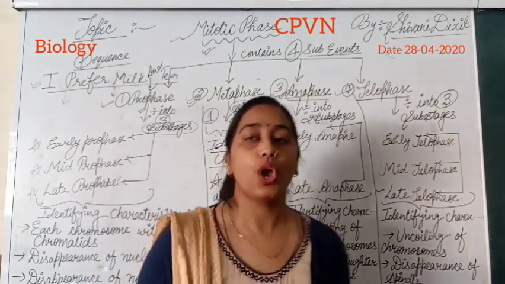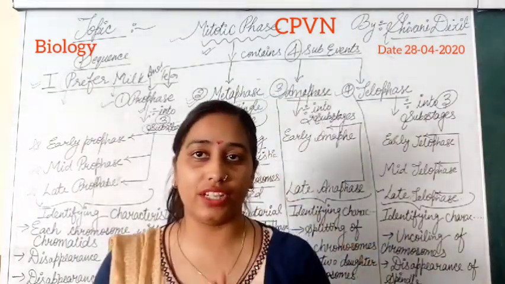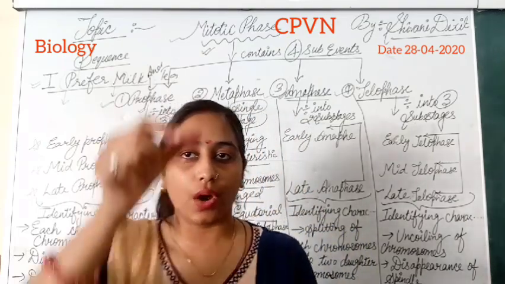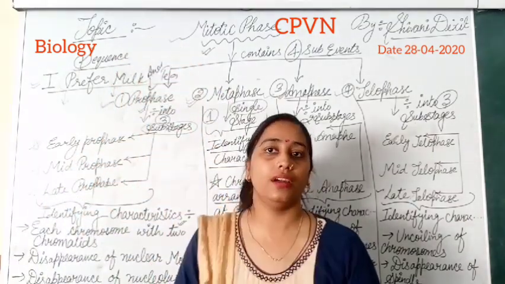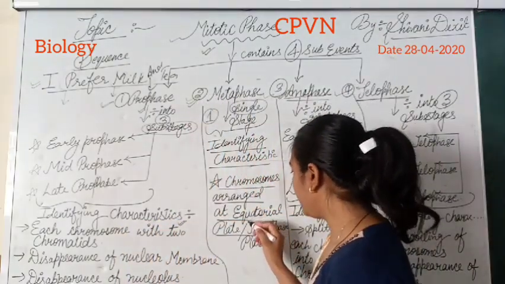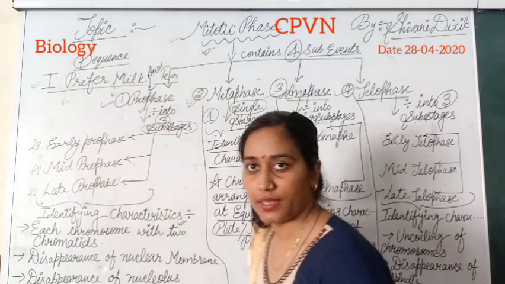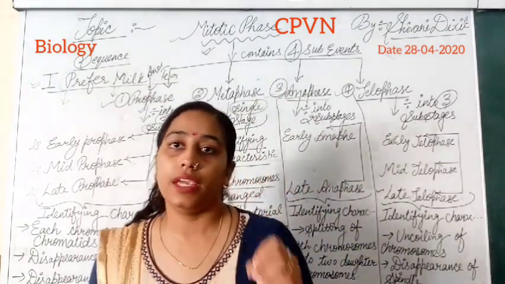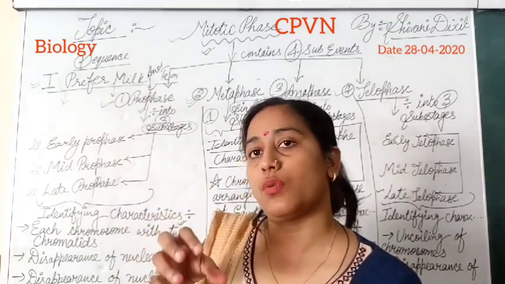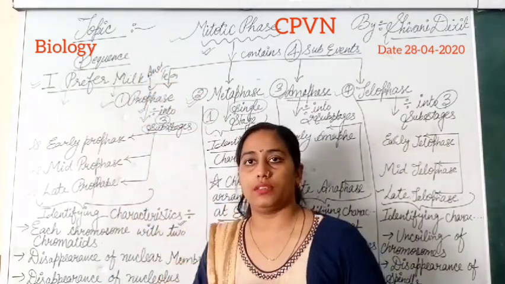In this stage, all the chromosomes are arranged on the equatorial plate, on an equator line. And here I want to make it clear that this equatorial plate is actually imaginary. It is not real. You just imagine that all the chromosomes are arranged on that equator, right?